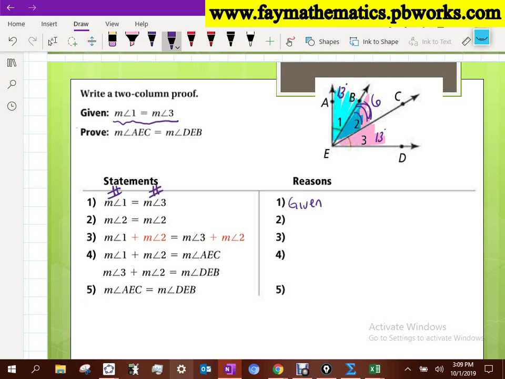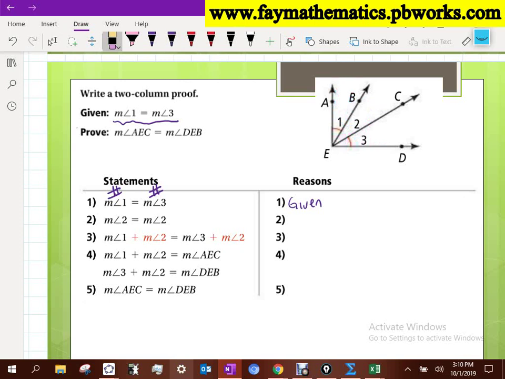Okay, it can be anything. Does that make sense? And if I can somehow sift and stitch all this stuff together and come out with the conclusion at the end that AEC is equal to DEB, I've proven that that process would work regardless of what I chose for my values of measure of 1 and measure of 3. Okay, so that's given.